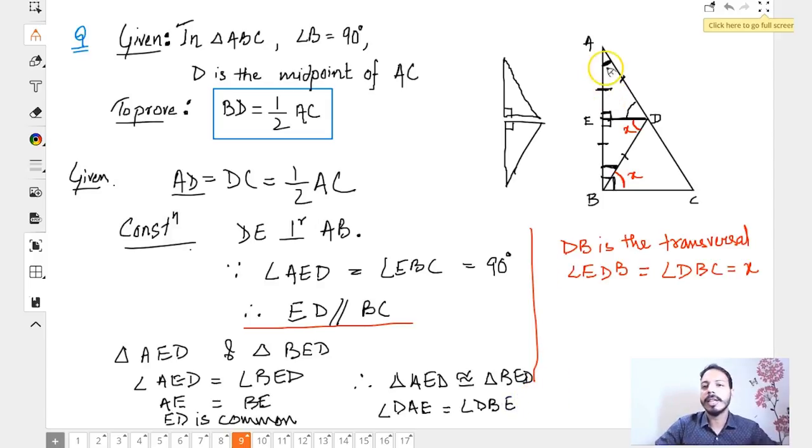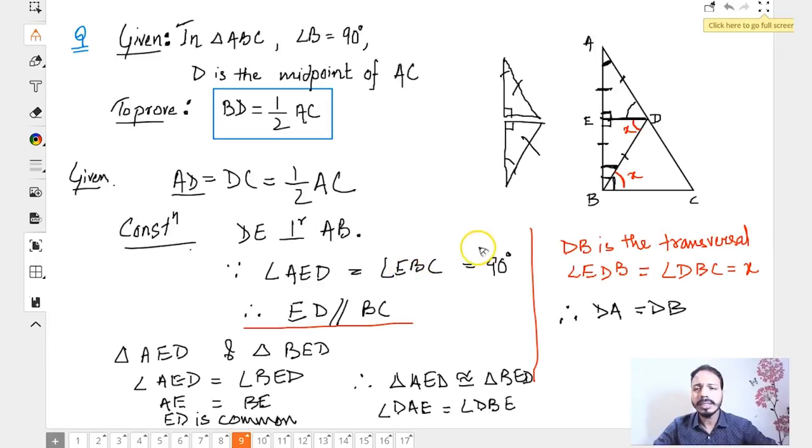That means in the full triangle DAB, if this angle is equal to this angle, this side is equal to this side. Therefore, DA is equal to DB.